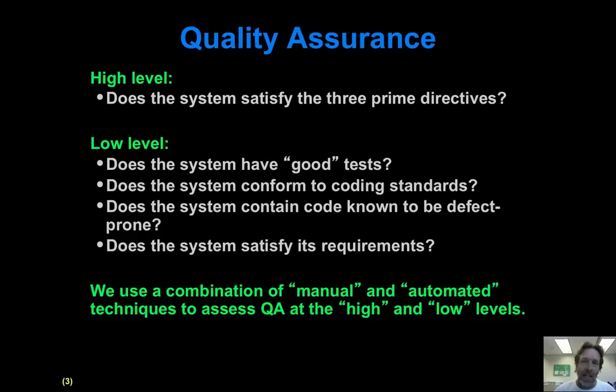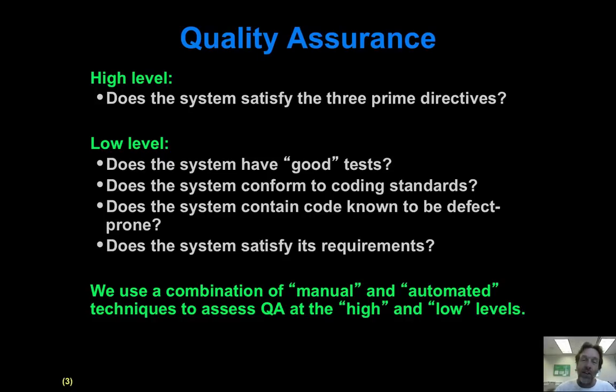And so it's nice to have a set of low-level things that are easier to check for, that we could almost have a checklist for. That's what we're striving for: a set of low-level guidelines that we can put into our software development procedures that don't guarantee that we'll satisfy the three prime directives, but are going to help us get there, okay?